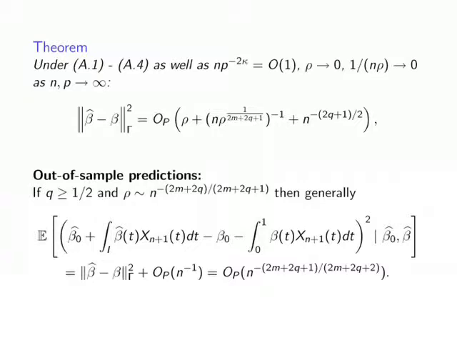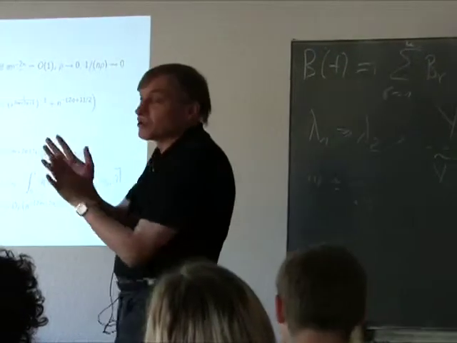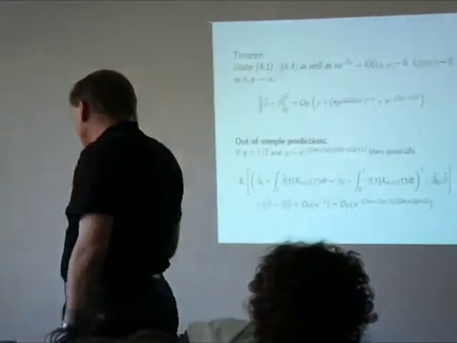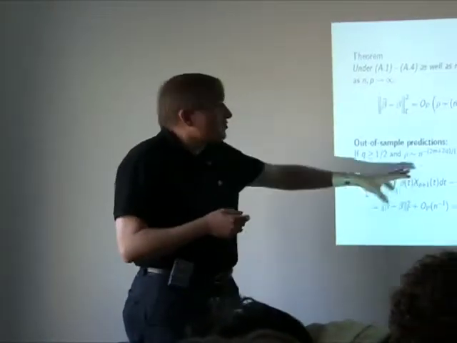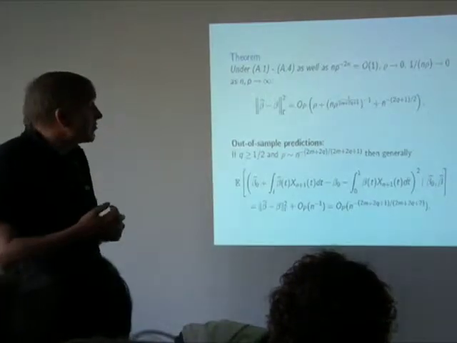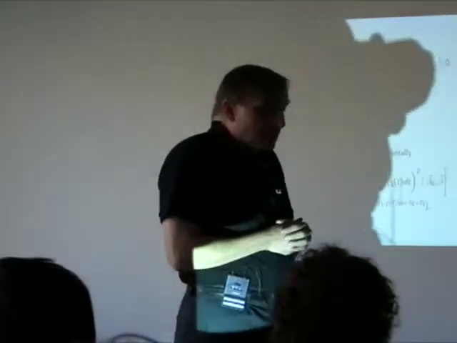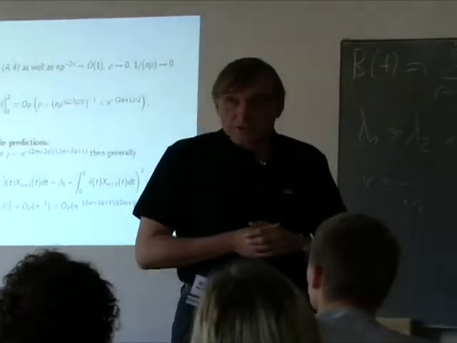And so this means that for out of sample predictions, the quality of your prediction now has this non-parametric rate of convergence. So there's a difference, because usually if you have an ordinary multiple regression where p is much smaller than n and p remains fixed, then of course the quality of prediction, if you have the squared error, will converge with 1 over n, n to the minus 1. But in a functional context, it's like a smoothing problem: you don't have the parametric rate of convergence, you have a non-parametric rate of convergence.